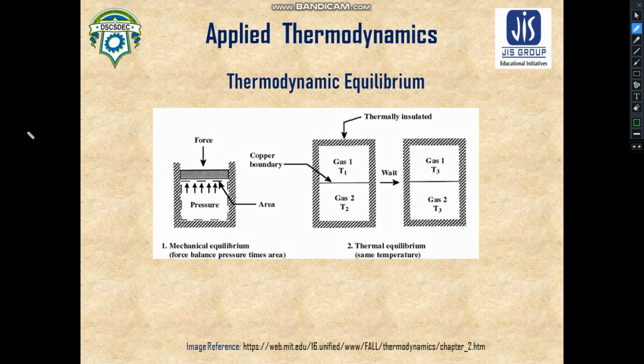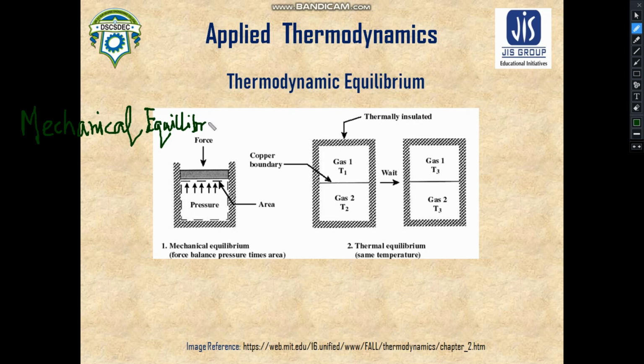And for the next part, suppose we need to discuss mechanical equilibrium. So the same logic.